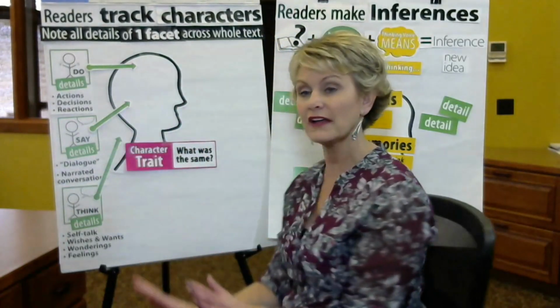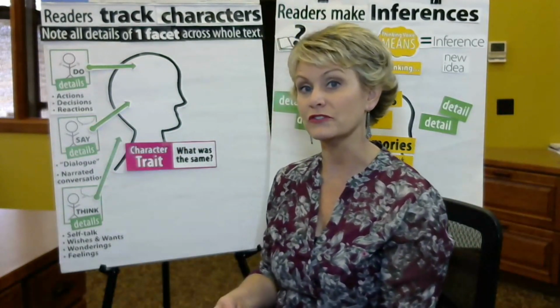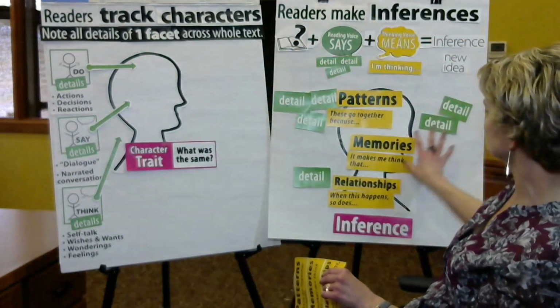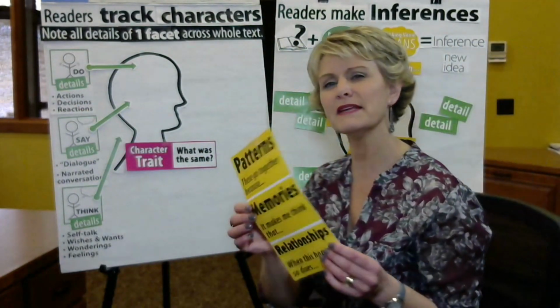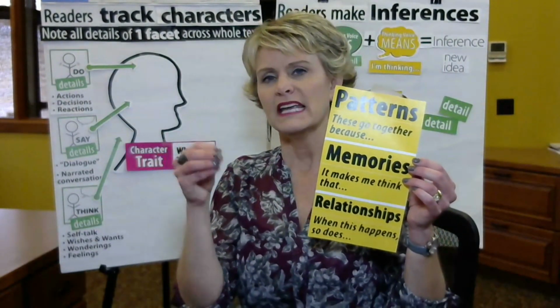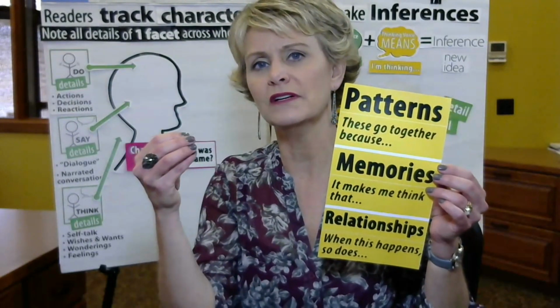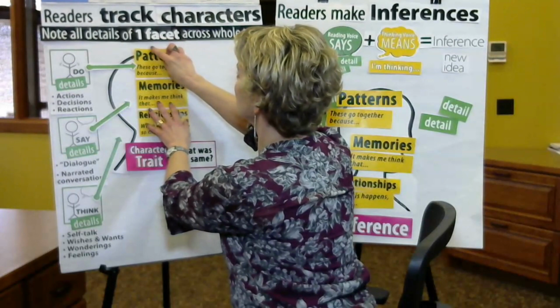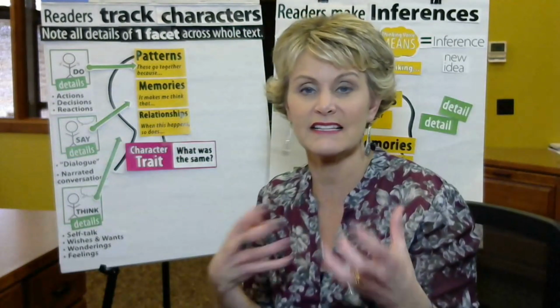All of these will help you as you use your thinking voice. Look at all of those clues and say, this makes me think that I'm wondering if he's kind of like someone who... and we start to use our thinking voice and find patterns and relationships, and we use our memories, our own text-to-self connections, to figure this out.